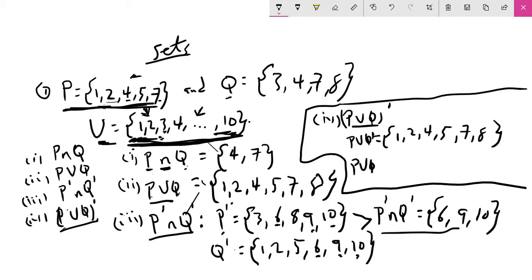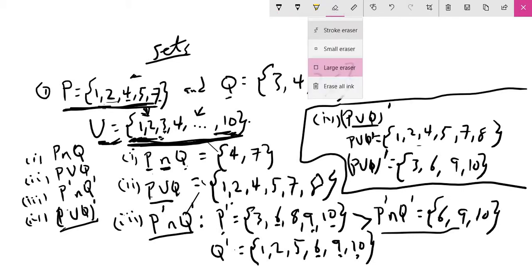The complement gives the set of all elements that are not present in this particular set but can be found within the universal set. So this gives 3, 6, 9, and 10. And this solves the first question.